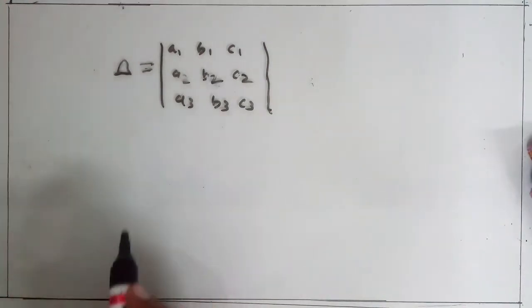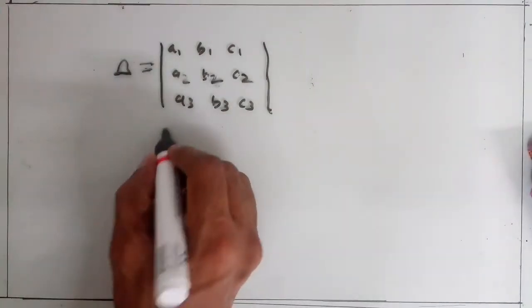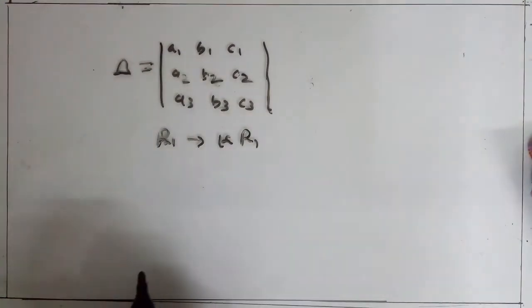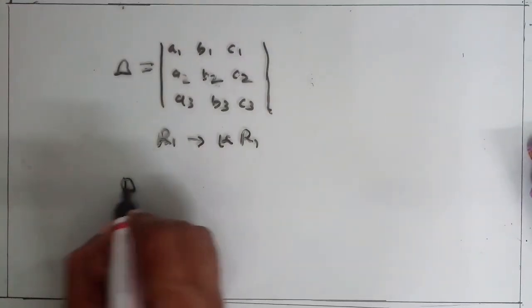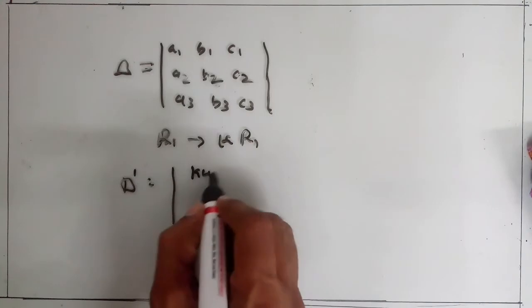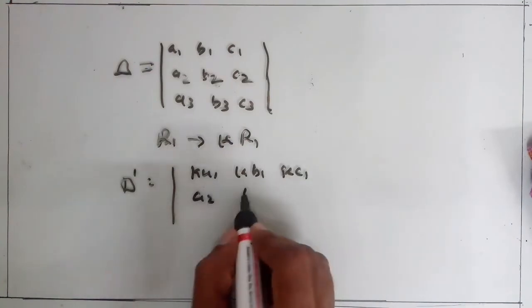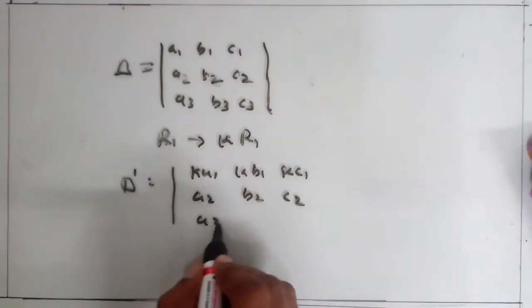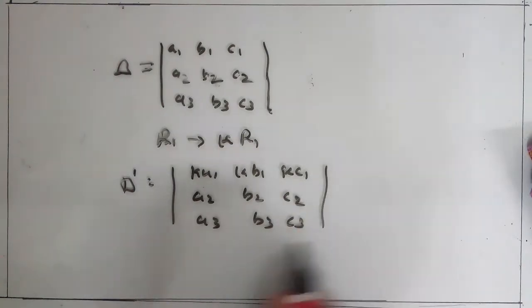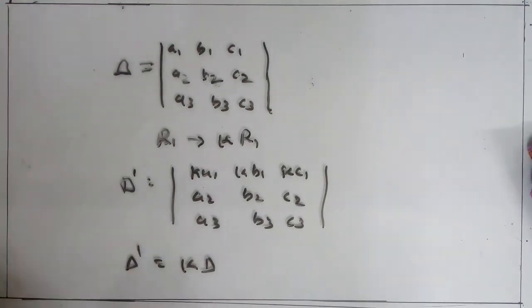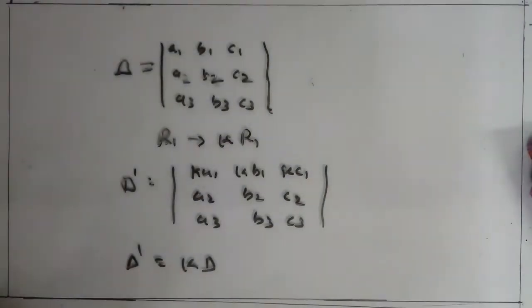Like in this determinant, if we multiply the first row by k, that is R1 implies k R1, then the new determinant becomes k A1, k B1, k C1, A2, B2, C2, A3, B3, C3, and its value becomes k into D. Clear this? So if we multiply each entry of any row or any column, then the value of the determinant becomes a multiple of k. Clear?